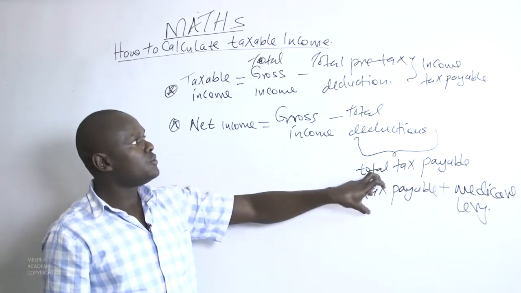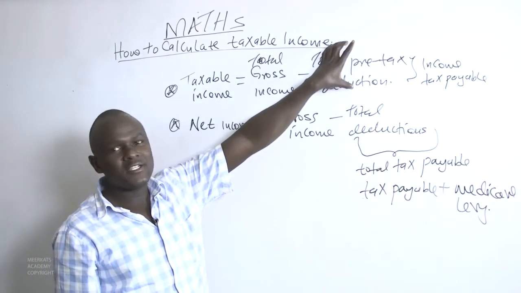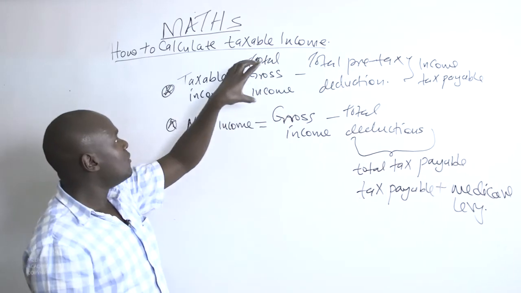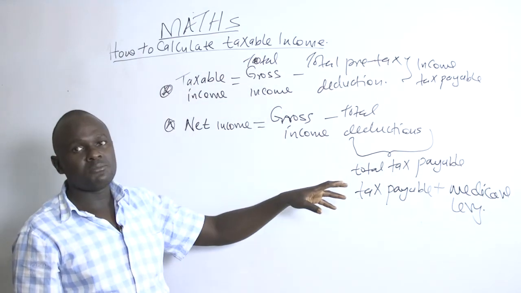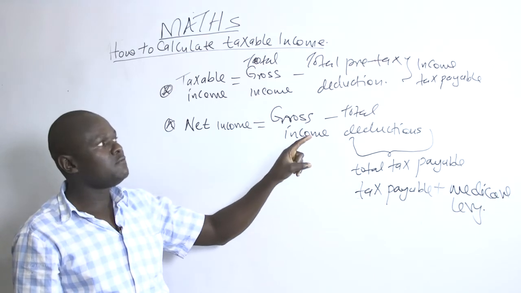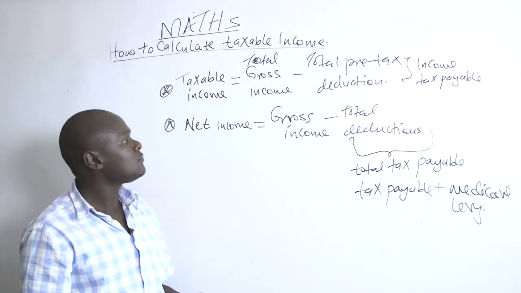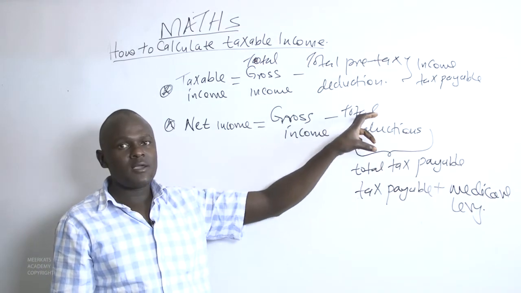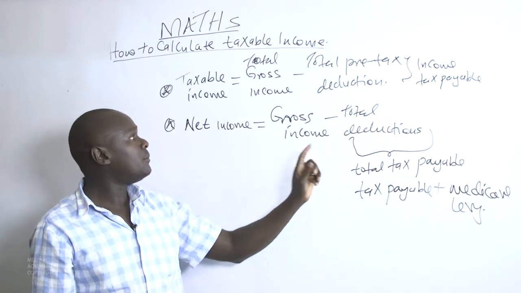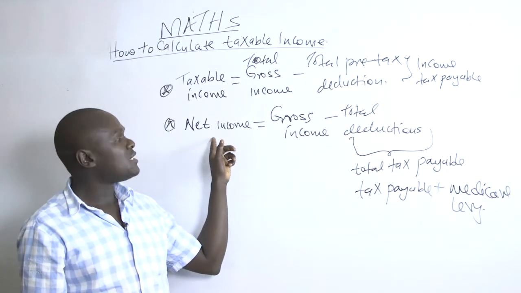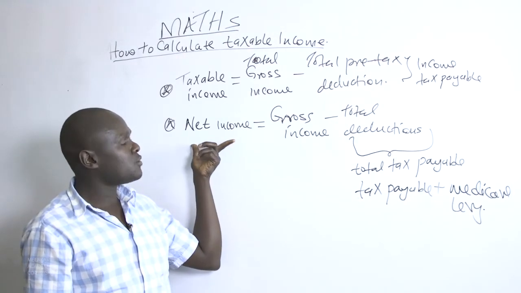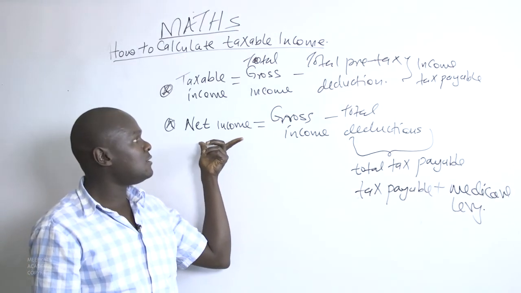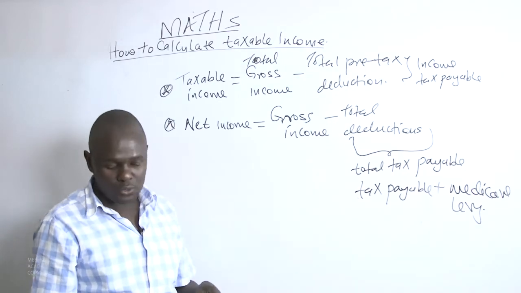So these two deductions are different. One is made before the taxable income goes through the various tax brackets with the aim of achieving the income tax payable, while the second type of deductions will help us to get net income. And I also hope that you remember the definitions of net income and gross income.